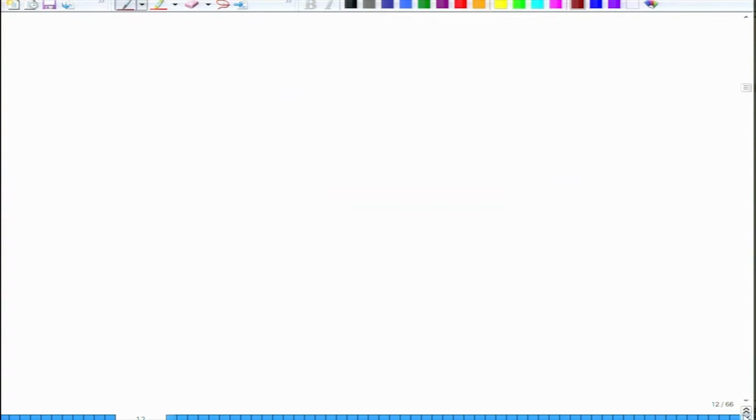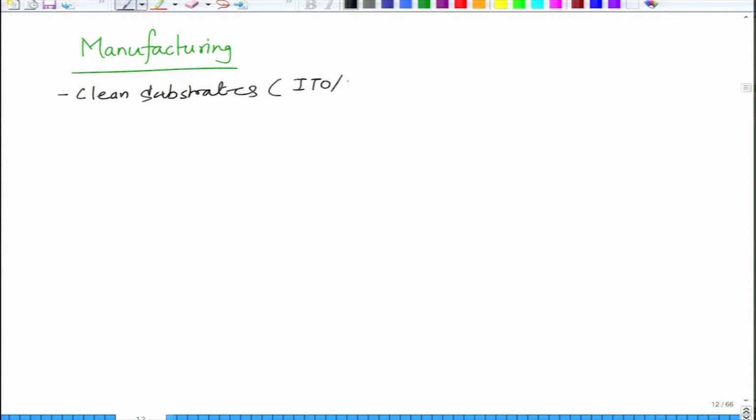Generally the way these devices are made is very simple. Manufacturing is very straightforward, but it is done in a controlled environment. First you clean the substrates, and substrates are generally ITO coated glass, and this ITO preferably has a sheet resistance of 5 to 10 ohms per square.